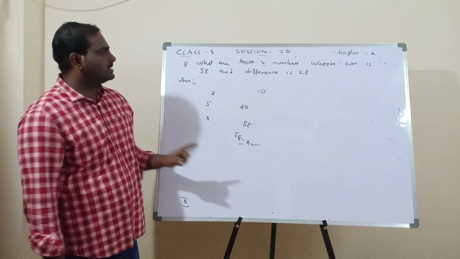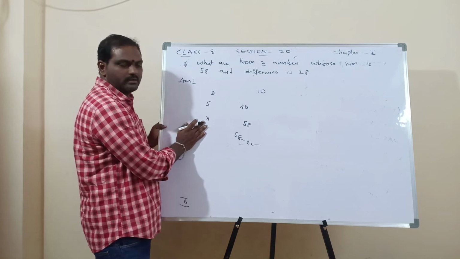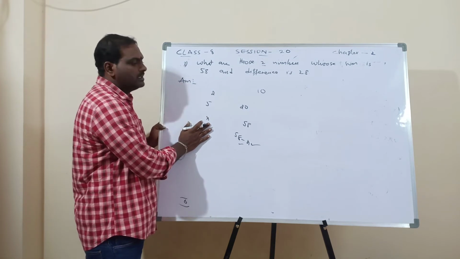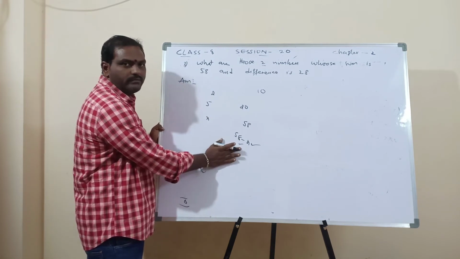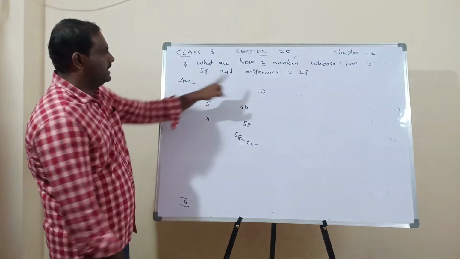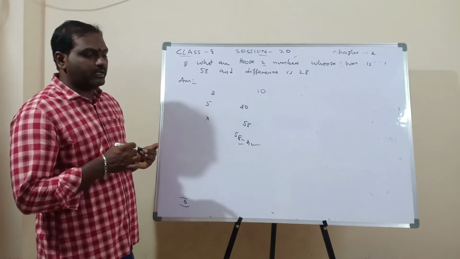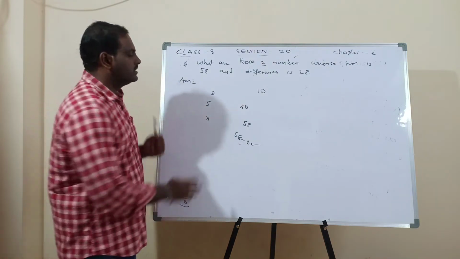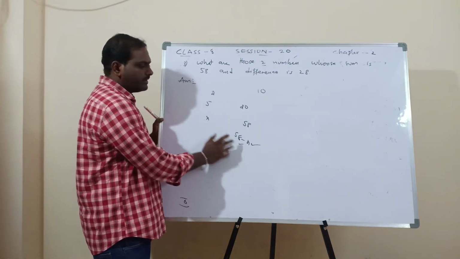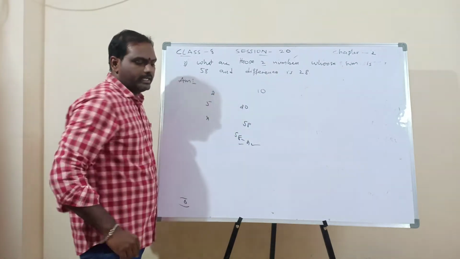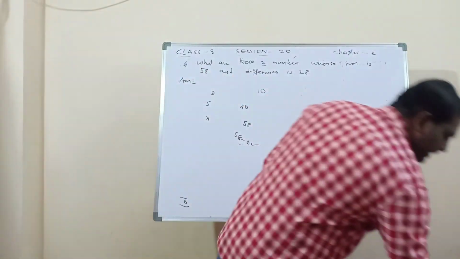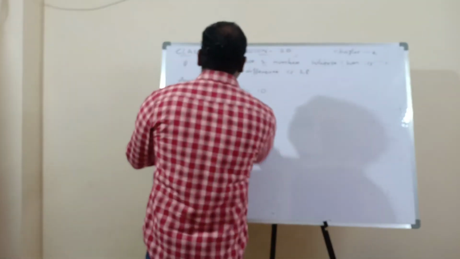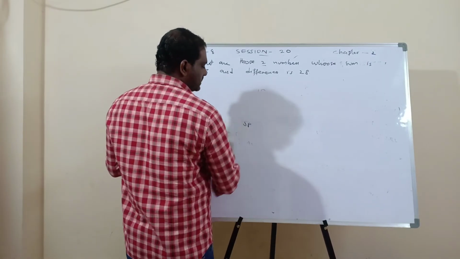So the trick is we think the first number as x, then the other number will be 58 minus x. Next, what do you mean by difference? Difference means subtraction. So we subtract the smaller number from the bigger number and you will get 28. Basing on that we do the sum. That is the trick in this case.